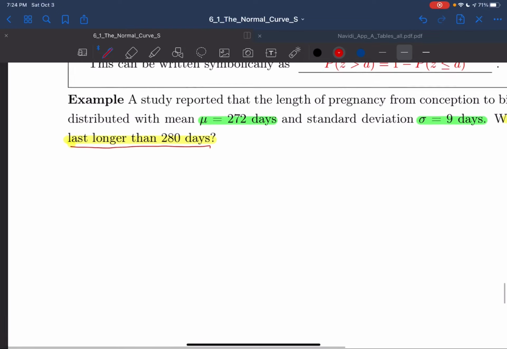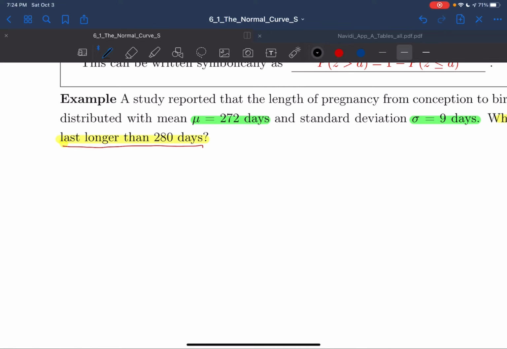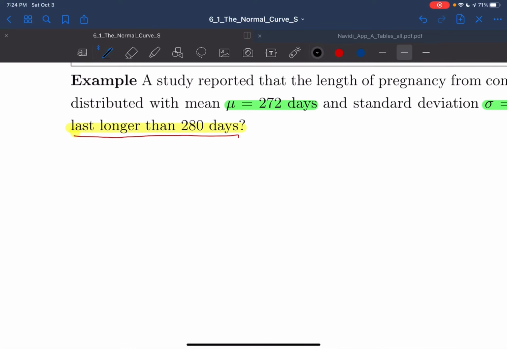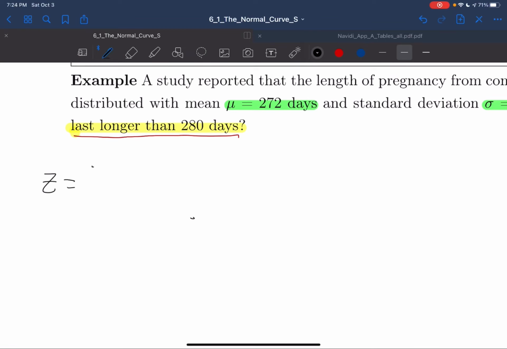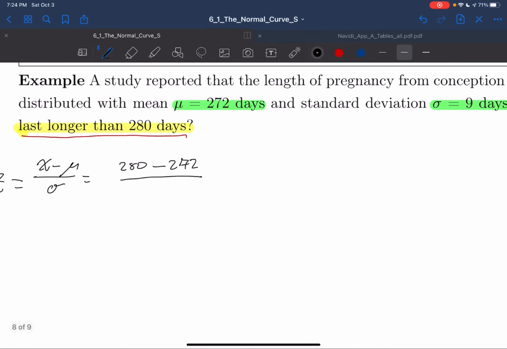So the first thing we have to do, of course, is compute the z-score. And the reason we compute the z-score is so we could work with a standard normal curve, which has a mean of 0 and standard deviation of 1. So here z is equal to x minus mu over sigma, which is 280 minus 272 over 9.